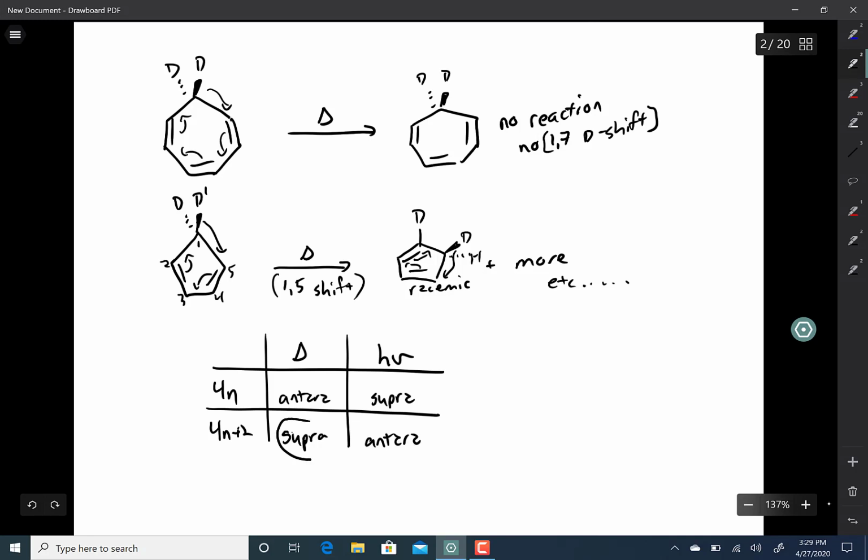Because it is a suprafacial rearrangement. It has 6 electrons. But this one right up here, it doesn't work.